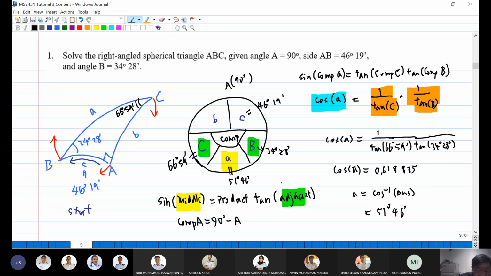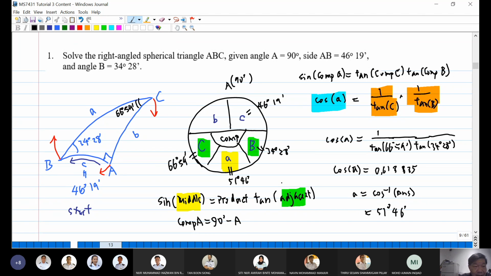So we almost find everything already. The last part is to find side B now, okay? So how do you find side B? You have two choices. You can use a tangent. Okay, I will use a tangent now because I'm working on tangent now, so I can do less writing.